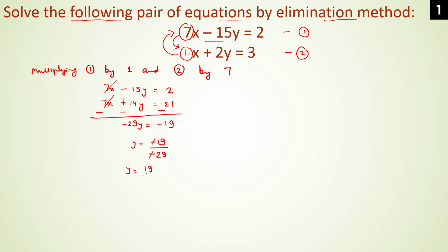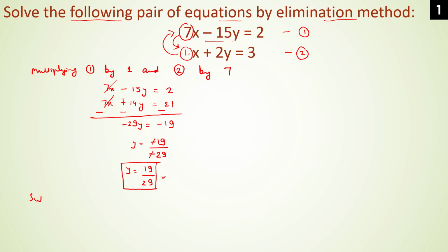So the value of y is 19 by 29. Now substitute this value of y into any of the equations. It will be very easy to put it in the second equation to obtain the value of x.